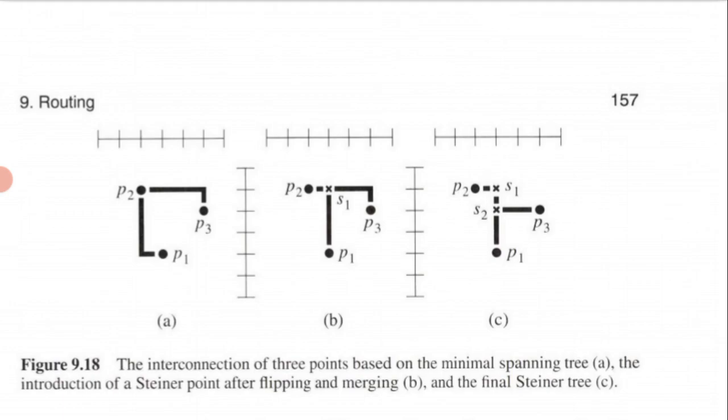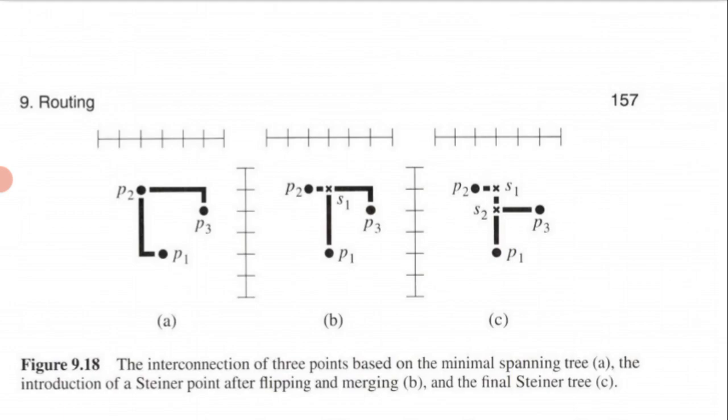Pi is equal to xi comma yi, and pj is equal to xj comma yj. If we consider two points, the distance between them is equal to modulus of xi minus xj plus modulus of yi minus yj.